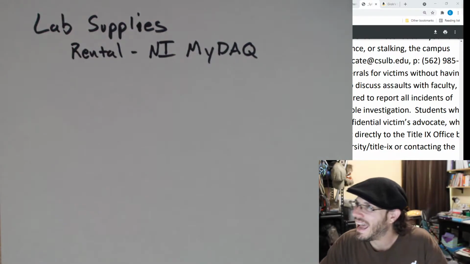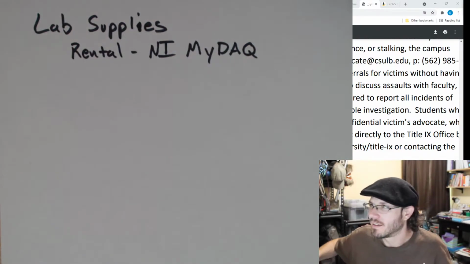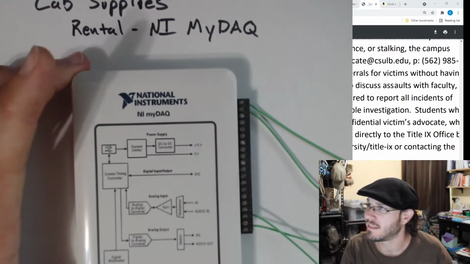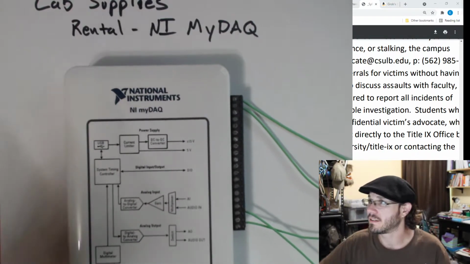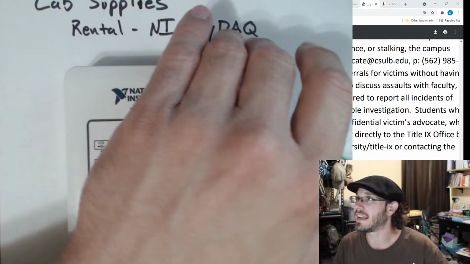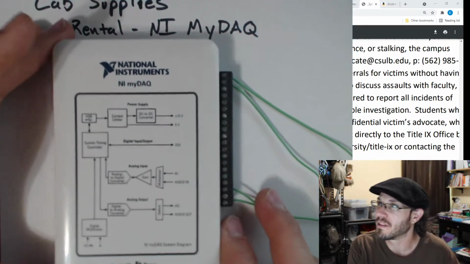The NI myDAC. The NI stands for the company National Instruments. The My stands for my, as in possessive me. And DAC is for data acquisition. Okay, that's where the name comes from.